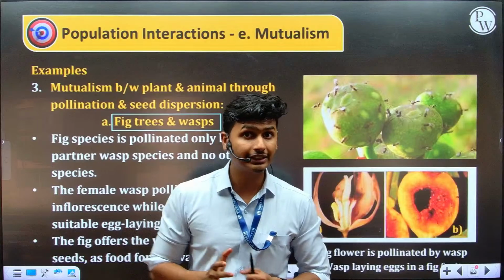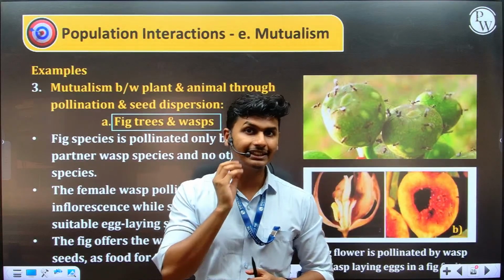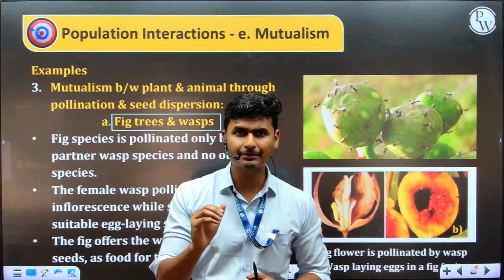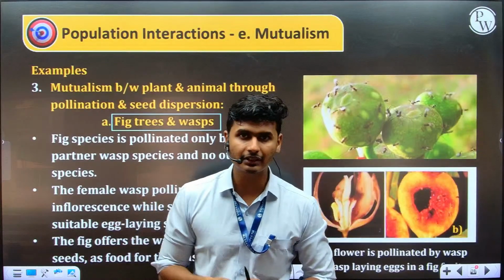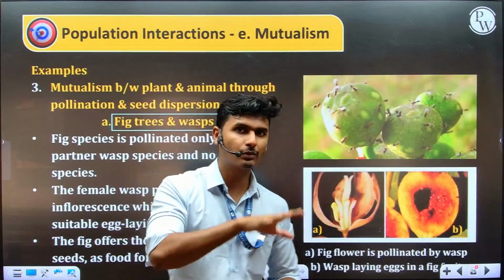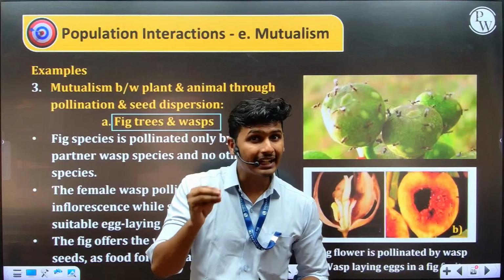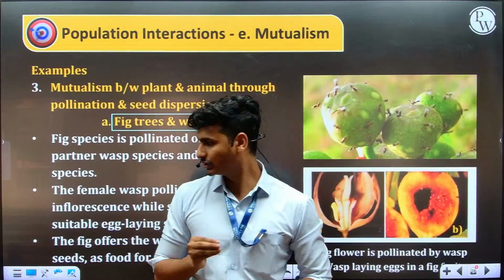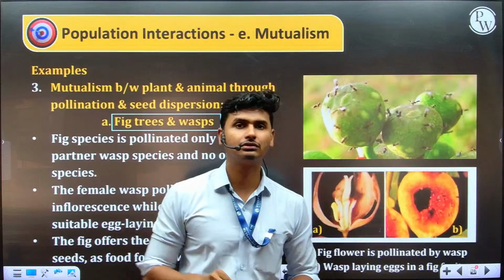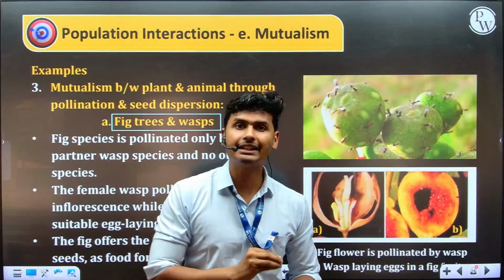Now understood the thing? If the wasp pollinates the fig tree, it means the fig tree gets a benefit from the wasp. So positive. Now we need a positive charge on the wasp also, that insect also. The wasp can lay its eggs only in the ovary of the fig tree.